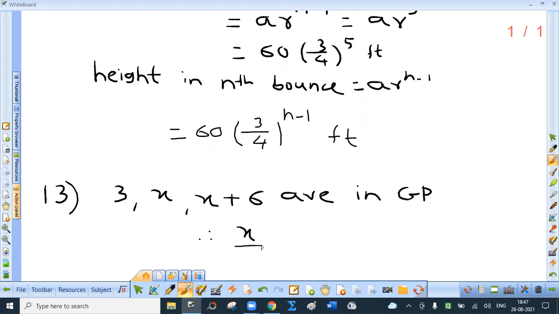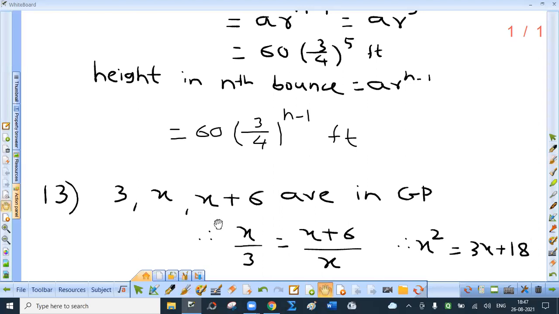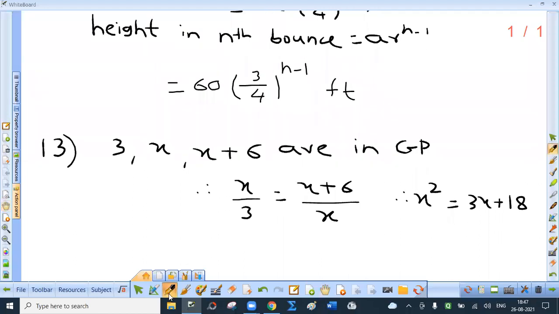So second term upon first term is third term upon second term. So x square equal to what? I'm cross multiplying. 3x plus 18. x square minus 3x minus 18 equal to 0.